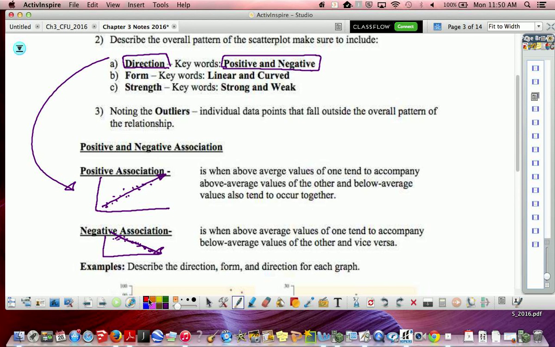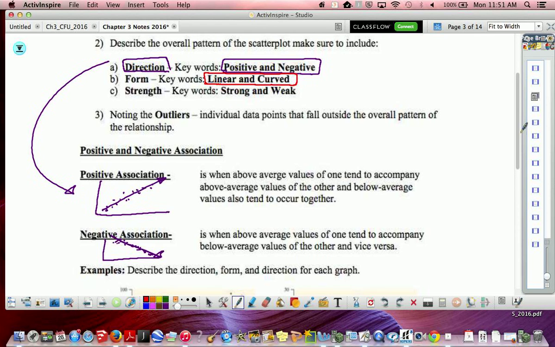The next term that we'll talk about is the form. Does it form a linear pattern or does it form a curve pattern? The vast majority of the time in this class we'll talk about it being linear. However, that doesn't mean curve patterns don't exist.